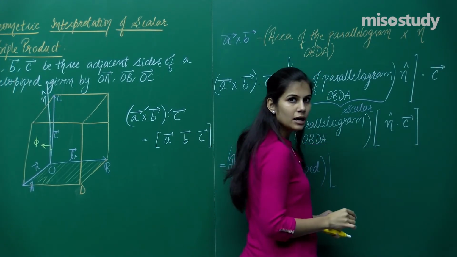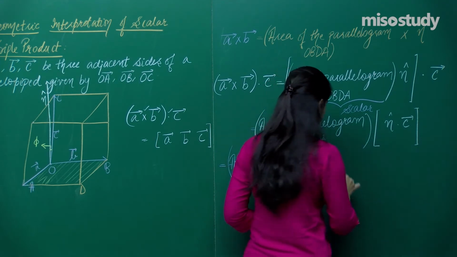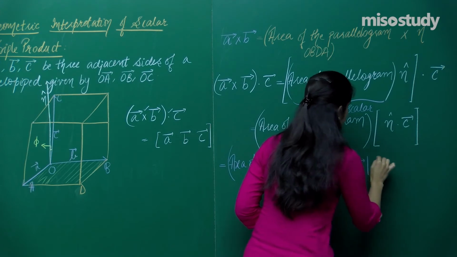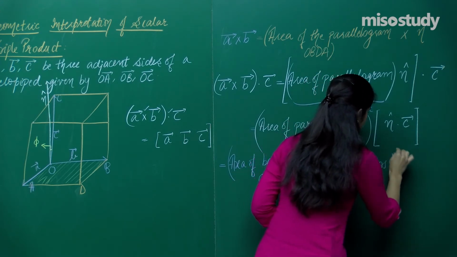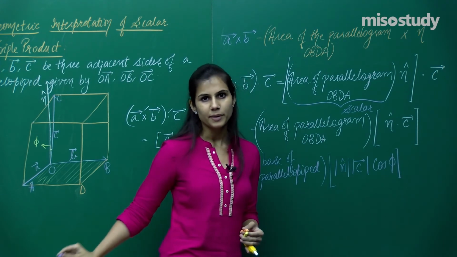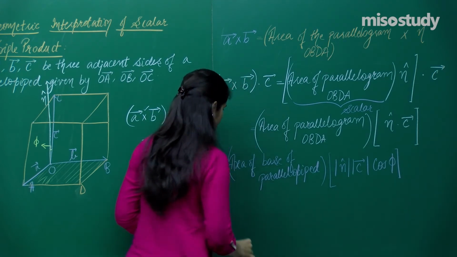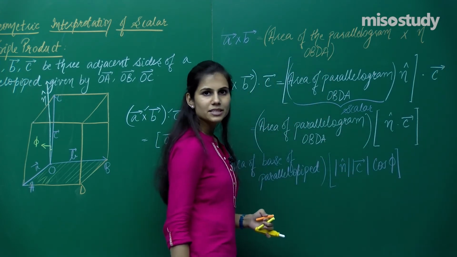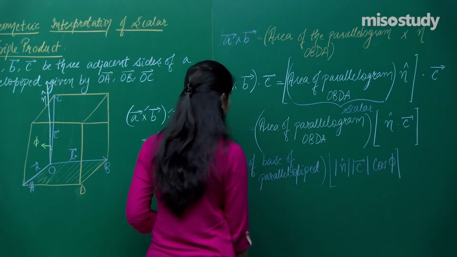What is A dot B? Mod A mod B cos theta. This is mod of n cap mod of C vector cos phi, where phi is the angle between n cap and C vector. Now you can very clearly see what is mod of n cap. N cap is a unit vector, so mod of n cap is 1.